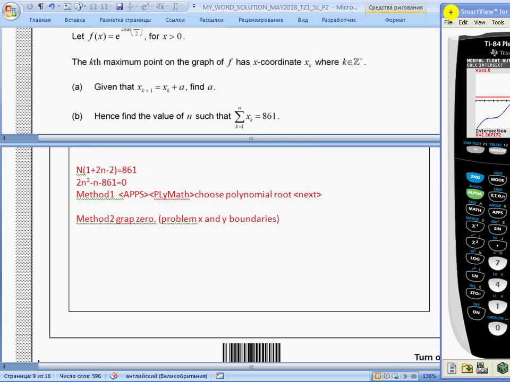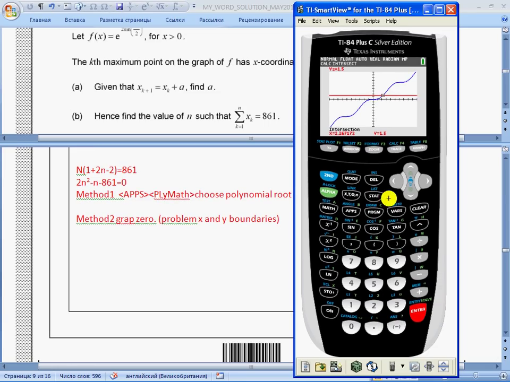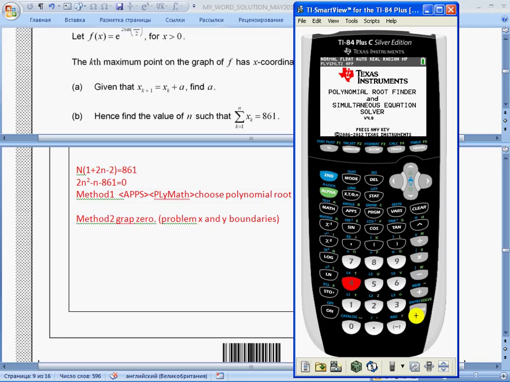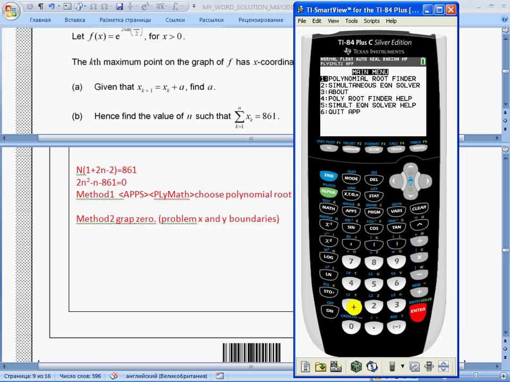To solve this quadratic equation, we will use the app. In the app we use polynomial simultaneous form, enter, and here we use the polynomial root finder, the first. Here we can choose, but no need to choose. It is a quadratic equation, so we go to next.